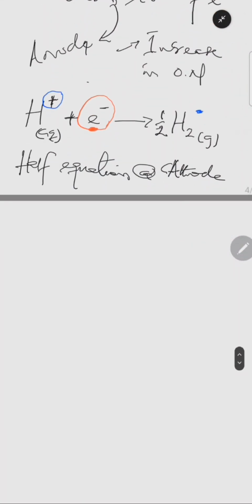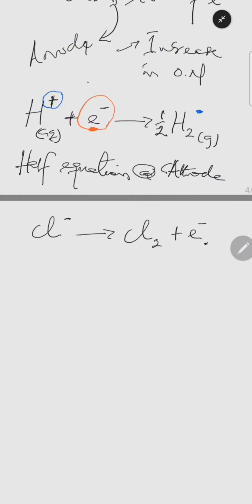So at the anode, we're going to have our chloride, Cl minus, to give Cl2 plus E minus. Now you can see we have electron at the product side, and I said earlier that when you have electron at the product side, it indicates loss of electron. So this equation indicates that chlorine is being lost at the anode.